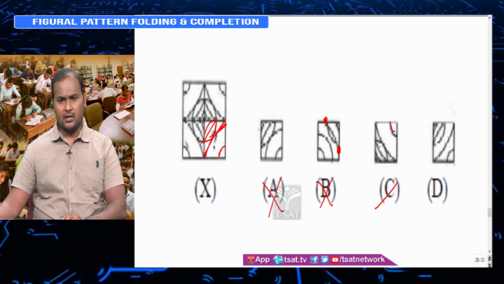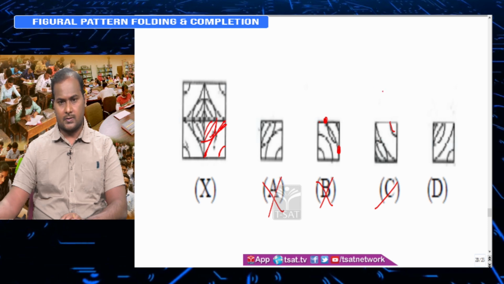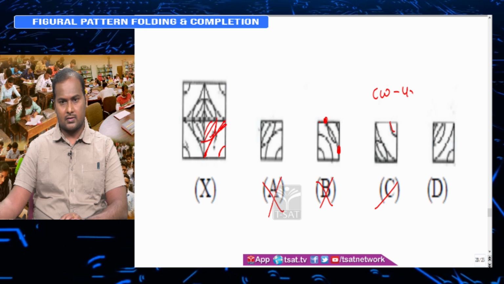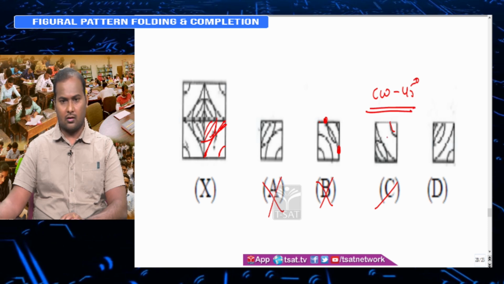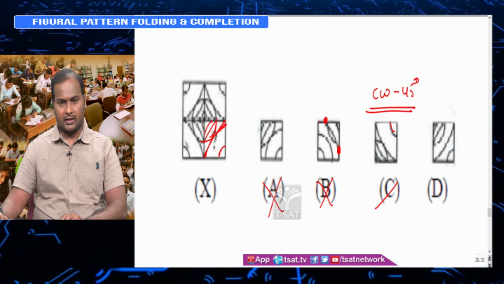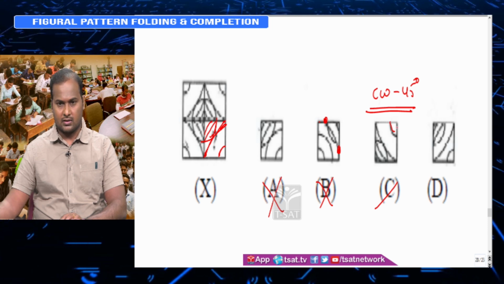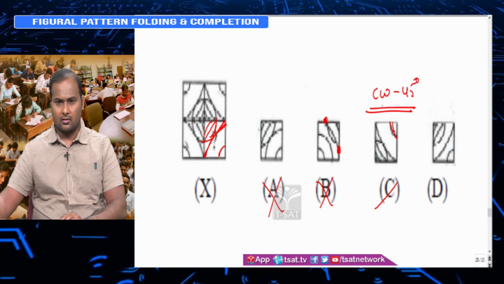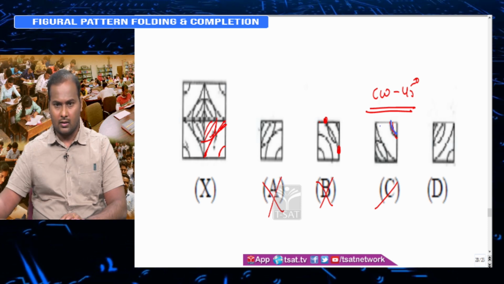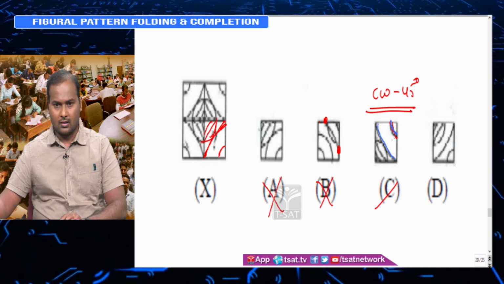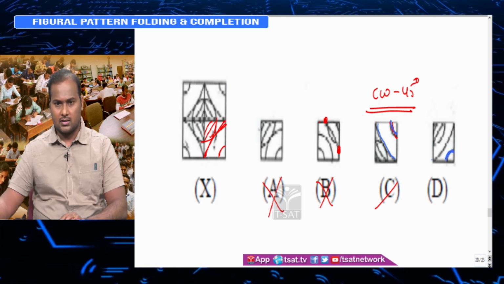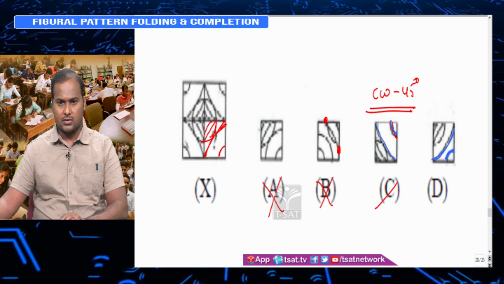How? See here, if you rotate option C clockwise 45 degrees, it exactly appears like this, because this image comes to the bottom. And moreover, the clue is very easy here. This small line and this line both are parallel. But if you see in option D, this line and the center line appear opposite.